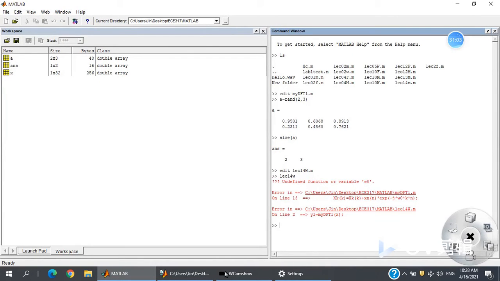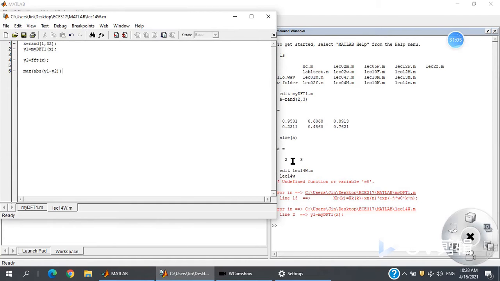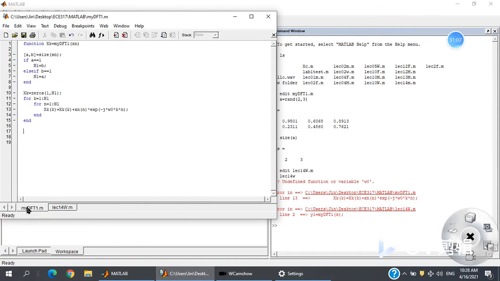Undefined W0. Oh, I lost W0 here. Yeah, before I start, I need W0, which is 2 times pi over n. Right?